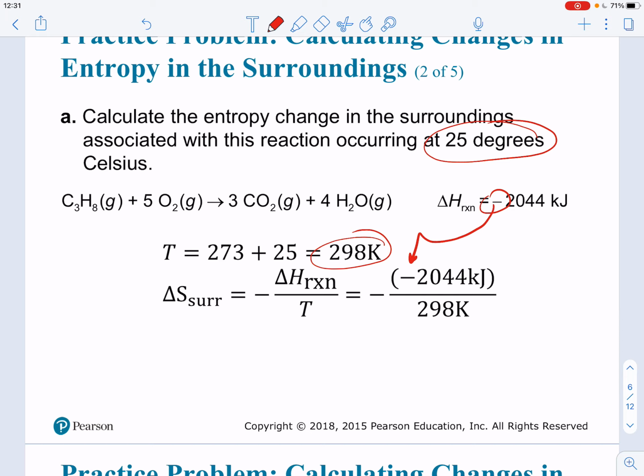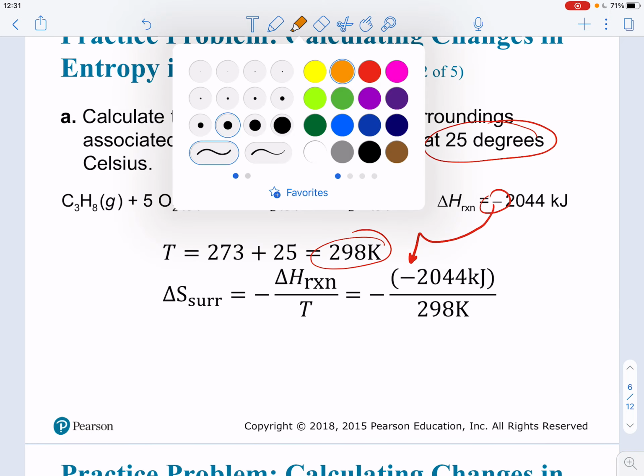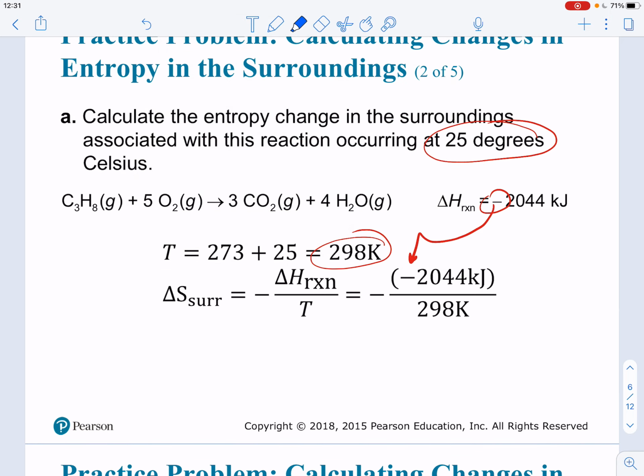Okay? One thing that you have to consider here as well is that these units here are kilojoules, and most of the time, what you're gonna see in entropy is that the unit is gonna be joules. Okay, in this case it may not matter that much.